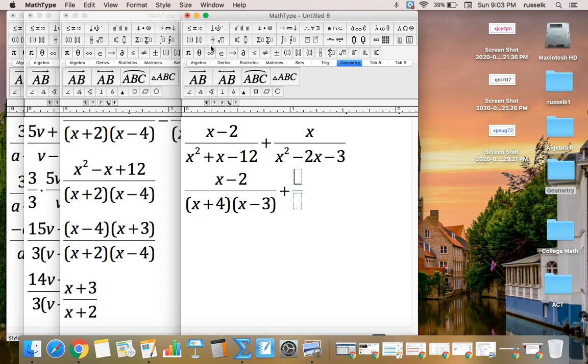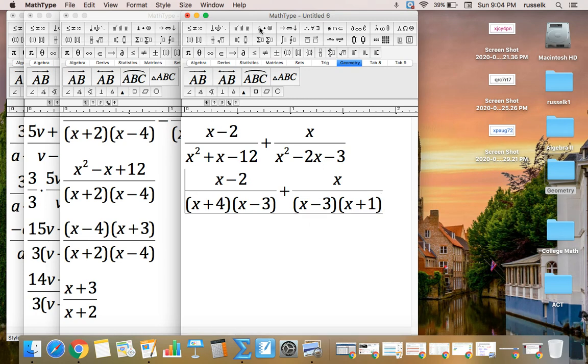Factoring the second one gives me x minus 3 times x plus 1. Now that we factored them, I can see that there's an x minus 3 already in both of those. So I just need to multiply by what's missing.